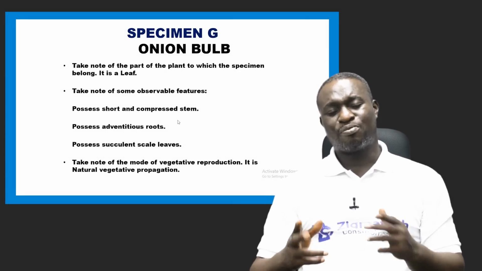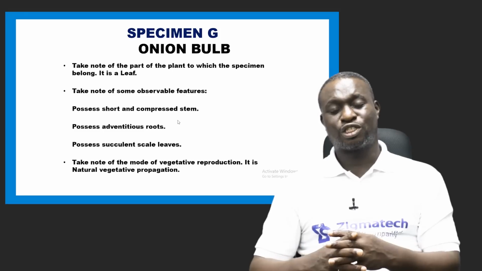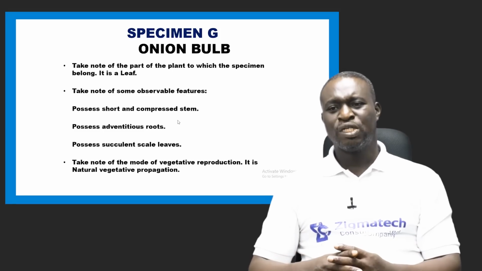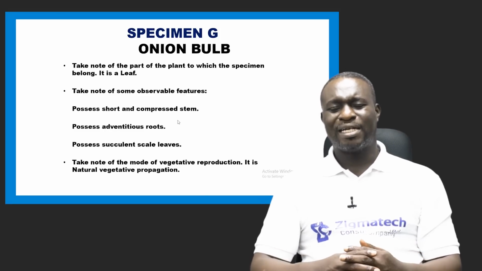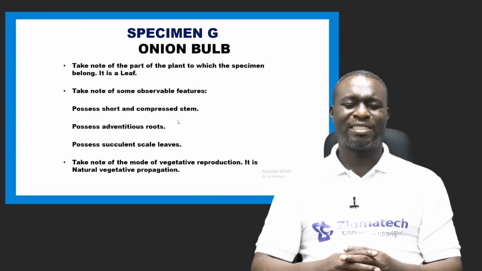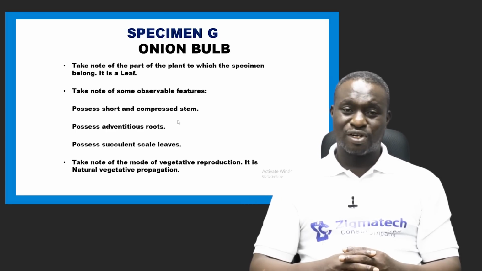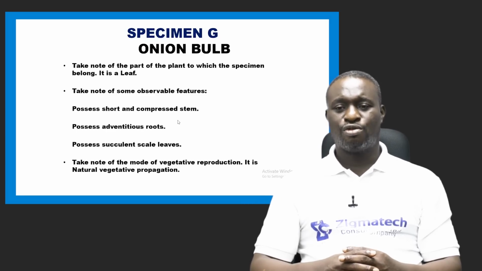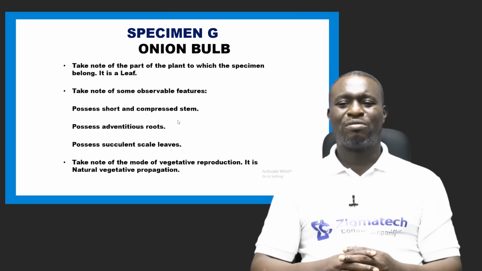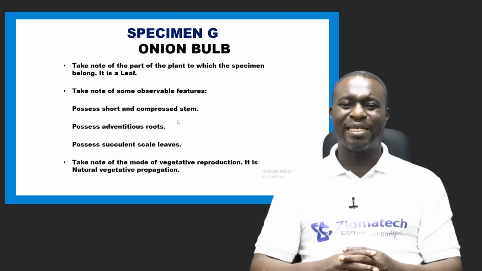You're going to see it in the diagram, the short and compressed stem. Most times in some diagrams it is called the basal. Also, another thing you find in an onion bulb is the presence of adventitious roots. They also possess succulent scale leaves or scaly leaves.